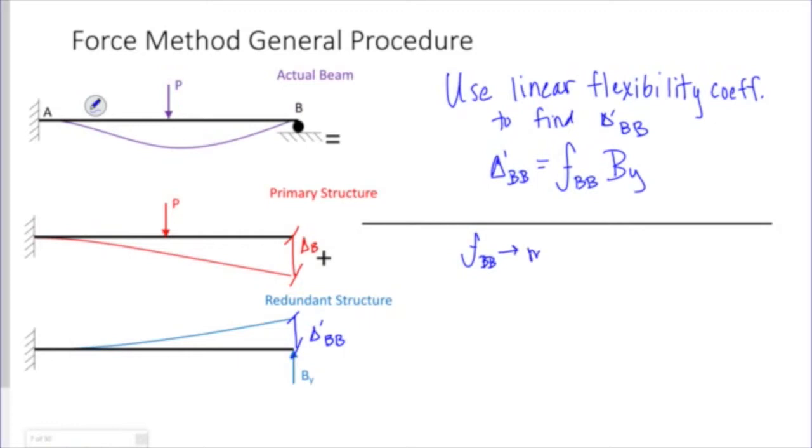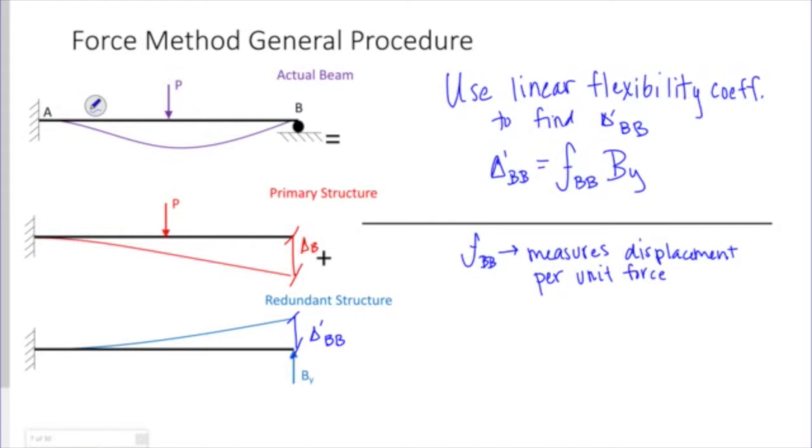FBB is going to measure displacement per unit force. So if it's in displacement per unit force, so inches per kip, millimeters per kilonewton, that's what the FBB would be in.